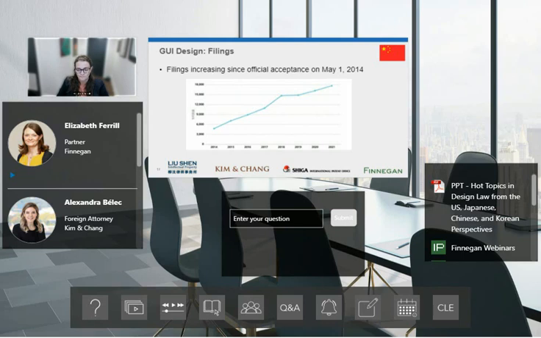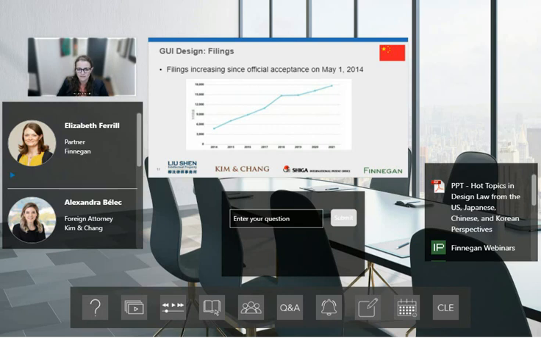Although some of those are still going on, it seems like the patent owner is not really participating in those cases anymore. But I think what that says is that as different as people think GUIs are, in a lot of ways they are still treated just like other designs. There's not as much specialness to them as maybe people thought in the past.